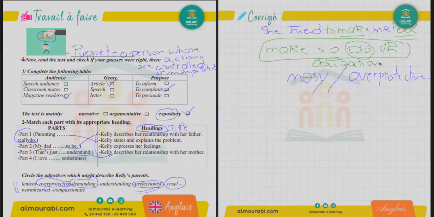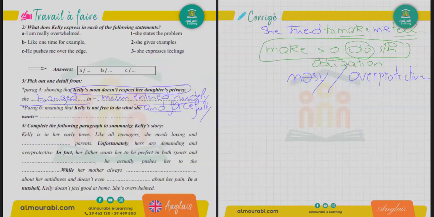It means you impose it, ordering her to do that thing. This is the case of the mom here. She's overprotective, she's nosy, she wants to control every aspect of her life. Somehow she's manipulative. That's why in the end she said I feel like a puppet, because they control her.